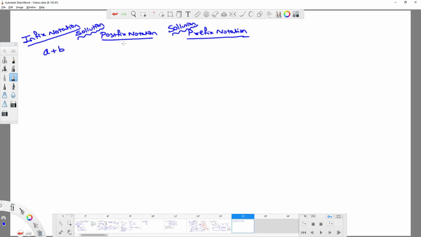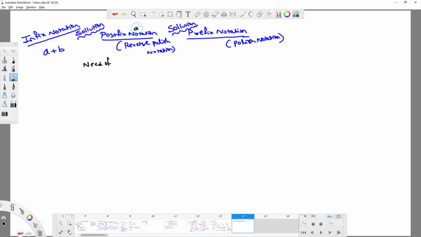Postfix notation, sometimes in GATE people will write as reverse polish notation, whereas prefix notation we call polish notation. Okay, sir, what is the need of moving to it?